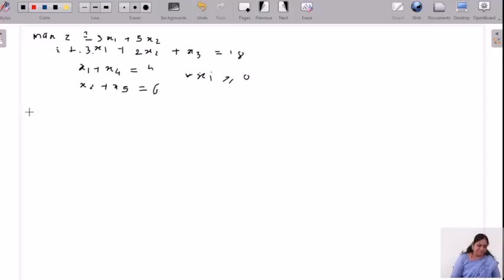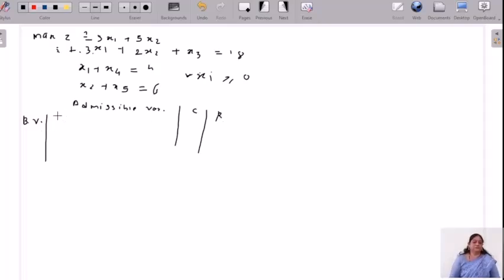First column is basic variable, second is admissible variable, then constant, then ratio if we need. x1, x2, x3, x4 and x5.